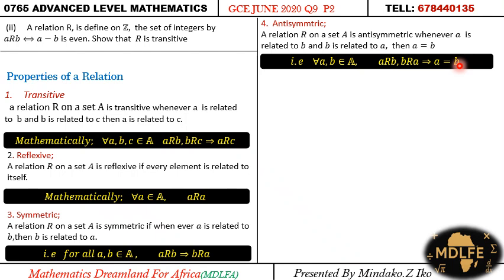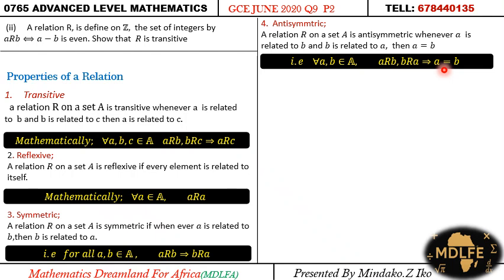Let me use the other example again. If I'm A, you are B, and I'm related to you and you are related to me, it therefore means that we are actually equal, like I'm you already.